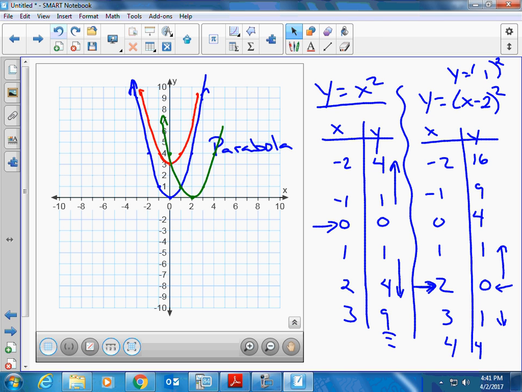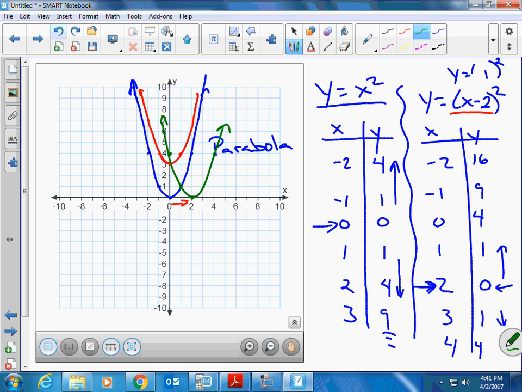Huh. This says x minus 2. But what it really did was move to the right 2. That is always the case. When it is inside the square, when it's hooked to the x value, it does the opposite of what it looks like.